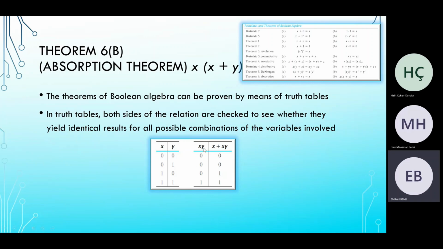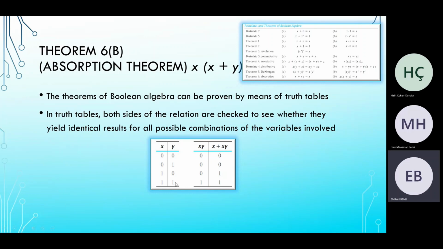And what is x and y? X and y is an AND operation. So we want all of the inputs to be true for an AND operation. So where is that? This one satisfies our rule here.